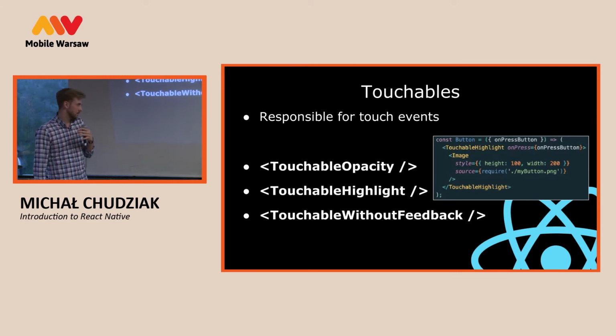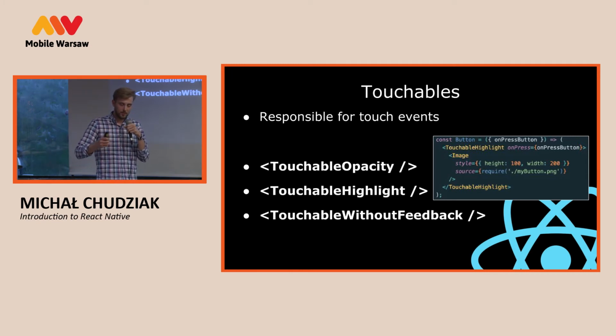Touchables. Handling touches in React Native is easy as well. We have a few basic touchable components, and they let you handle the touches on your screen. They are different. We have TouchableOpacity, which lowers the opacity of the touched element when pressed. We have TouchableHighlight, which highlights the element which is being pressed.